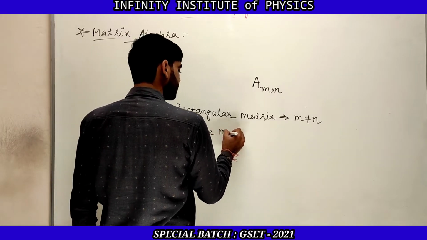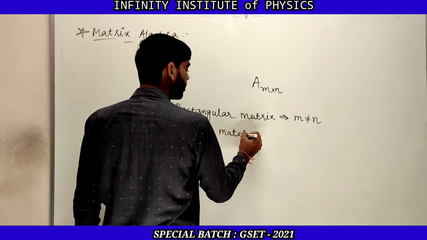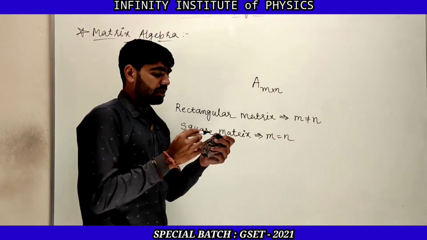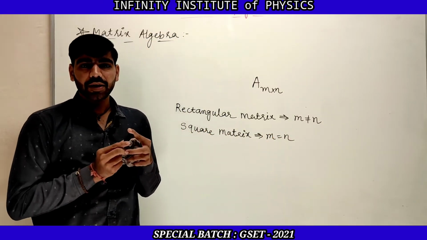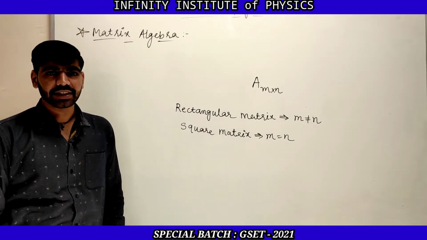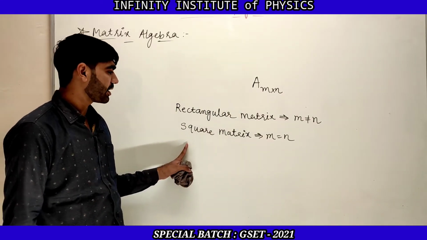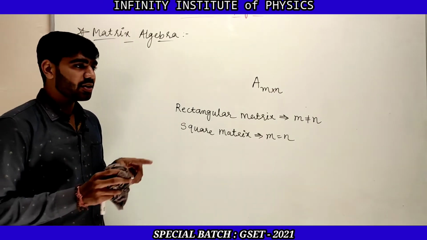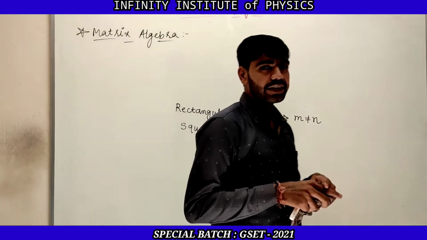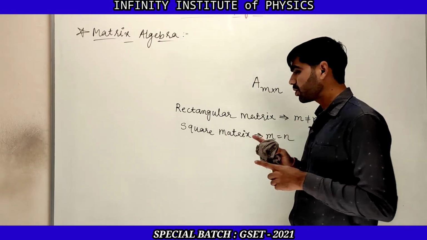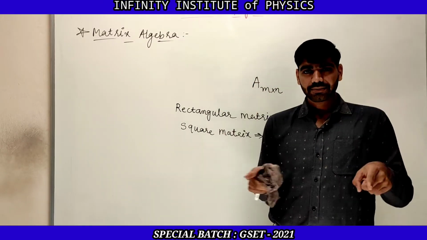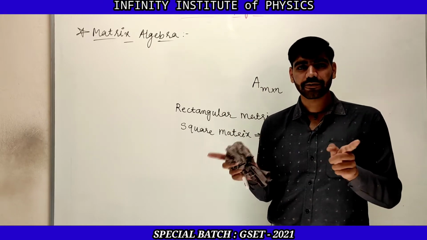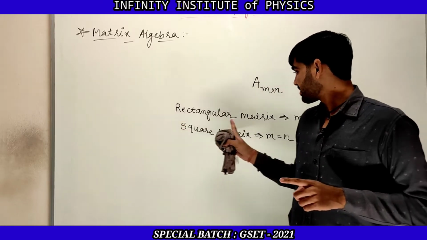Square matrix means whenever the values of m and n are both equal. That means if we have the same number of rows and columns in a matrix, then the matrix is said to be a square matrix, otherwise it is said to be a rectangular matrix. Because whenever we write a matrix in which m is not equal to n, it will look like a rectangular box whose length and breadth are different, so that's why it is known as rectangular.